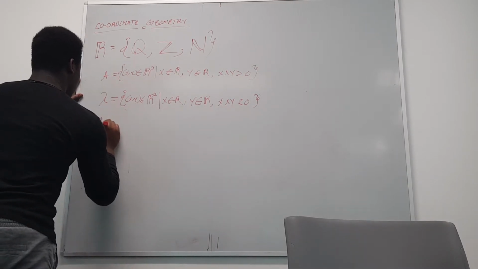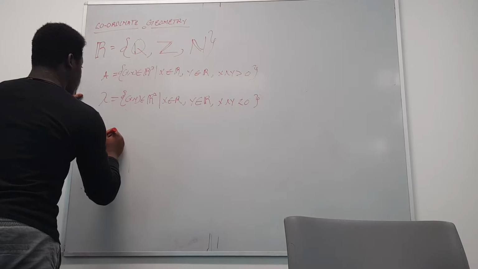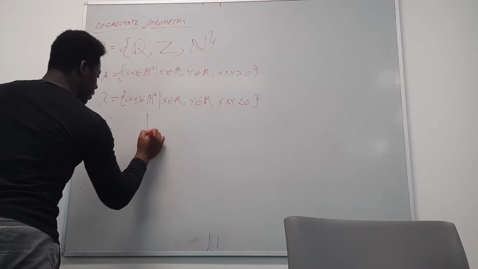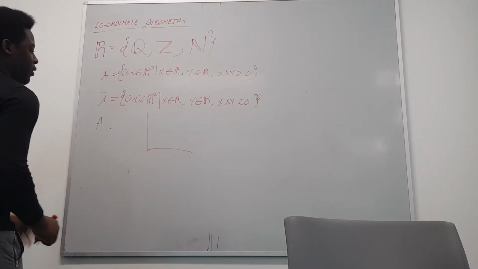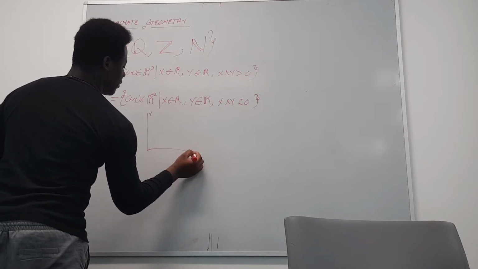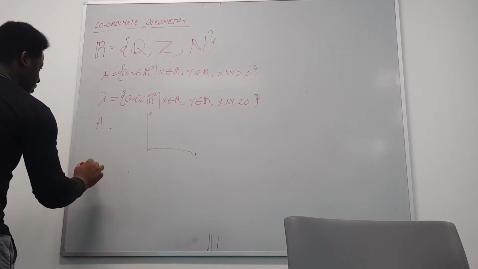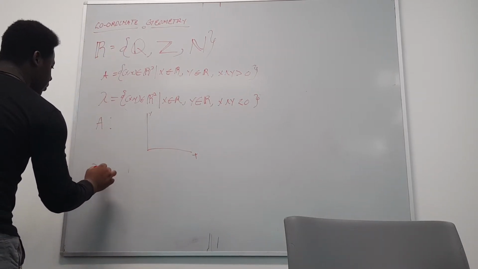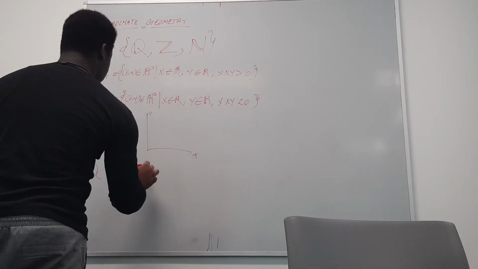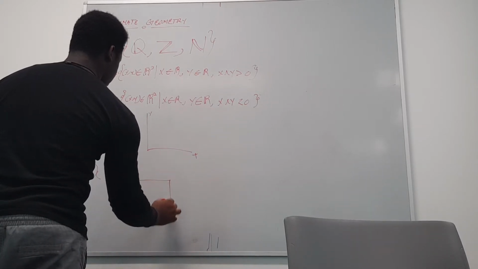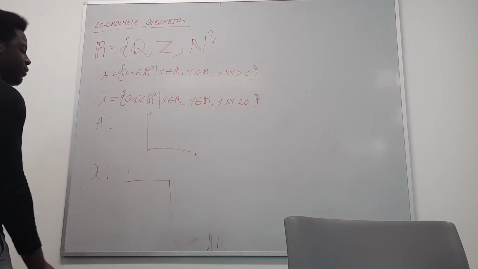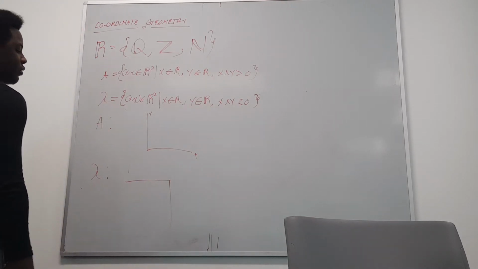Let me give you a quick feeling of what this is. First of all, this is the Cartesian coordinate system for A. So this is y, this is x, and this is the Cartesian coordinate system for lambda. So look at both of them.